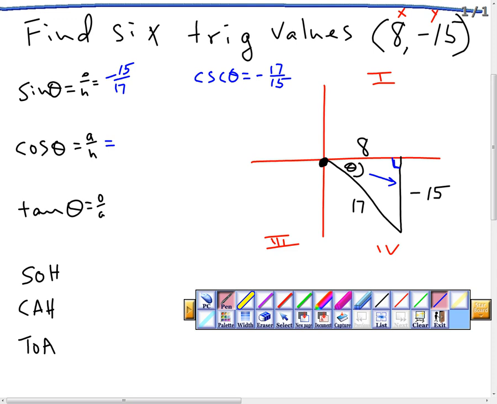Cosine. What's that going to be? 17 over 8. Remember now, it's going to be adjacent over hypotenuse. Oh, no. 8 over 17. Right. It's going to be 8 over 17. And so what's the reciprocal identity for cosine? 17 over 8.